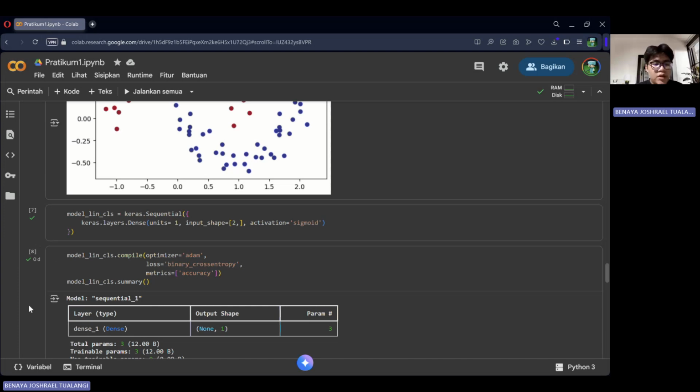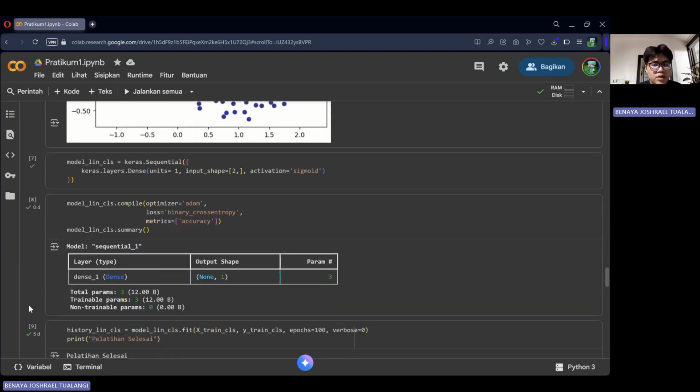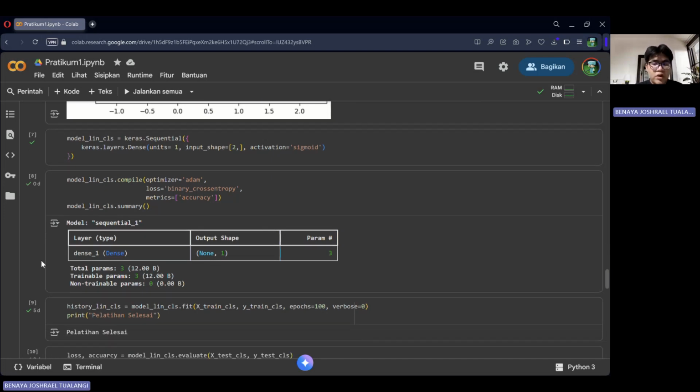And here we compile the classification model. The loss function is binary cross-entropy, which is the standard loss metric for two-class probability models. The summary shows the model has three trainable parameters: two weights for the two input features plus one bias.